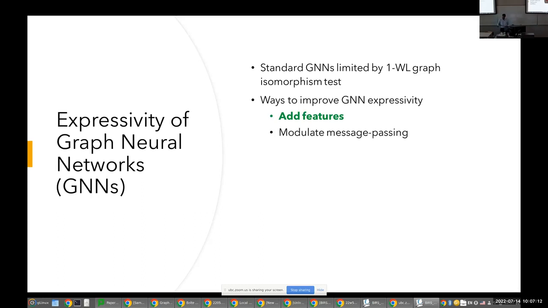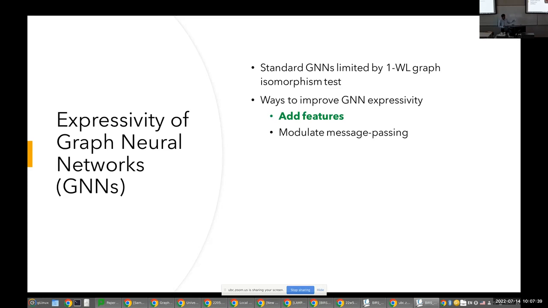The second main approach to enhancing expressivity is to modulate the message passing mechanism itself. If you look at the aggregation and combination rule of message passing networks, you're isotropically taking messages and combining them. You can try to combine them in a different way, do something anisotropic.